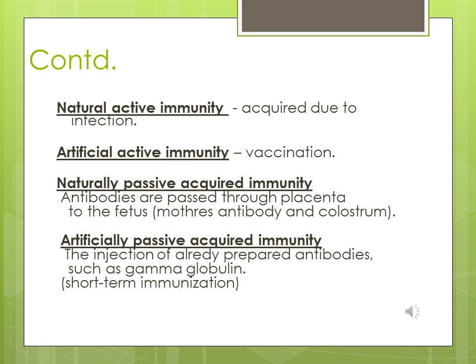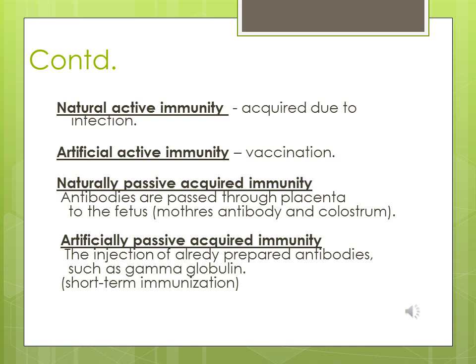The third one is naturally acquired passive immunity that occurs during pregnancy, in which certain antibodies are passed from the maternal blood into the fetal bloodstream, mostly in the form of IgG. Antibodies are transferred from one person to another through natural means such as in the prenatal and postnatal relationship between mother and child.